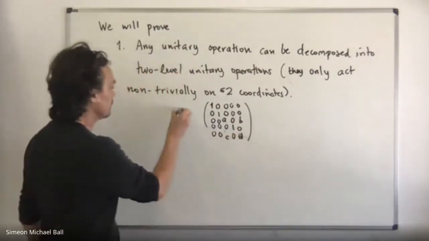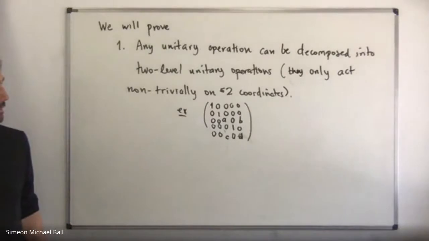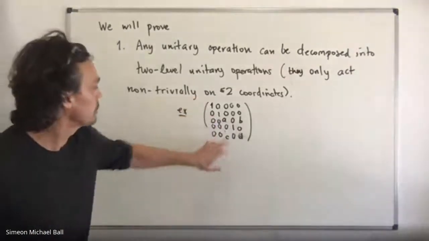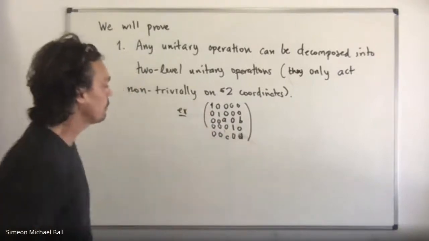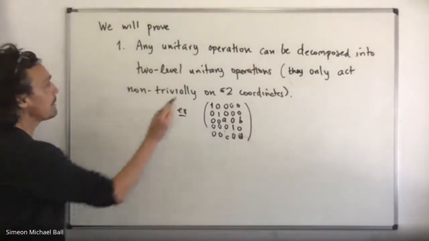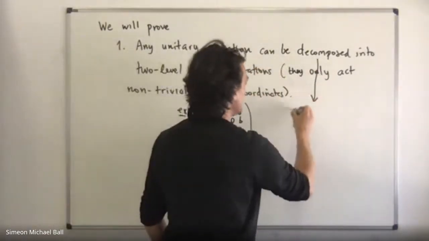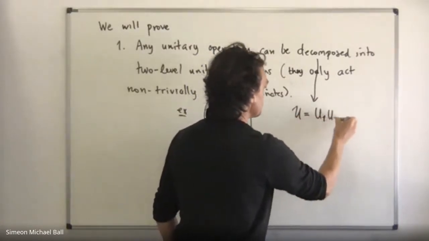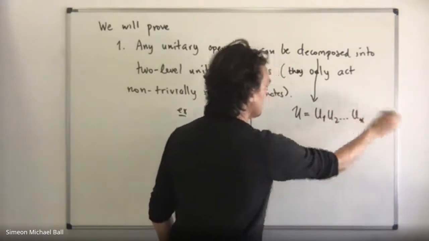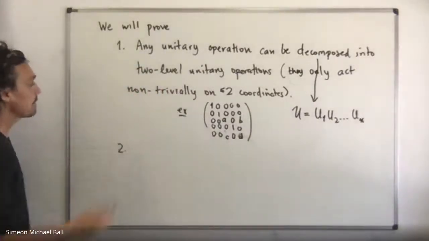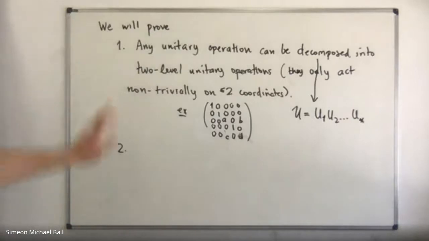So this, for example, would be only acting non-trivially on two coordinates. The first, the second, and the fourth are unaffected, and it just does something with the third and the fifth. And when I mean decomposed, I mean U is going to be U1 times U2, U something. All of these are going to be two-level, like this. So that's something we have to prove. That will take up most of today.